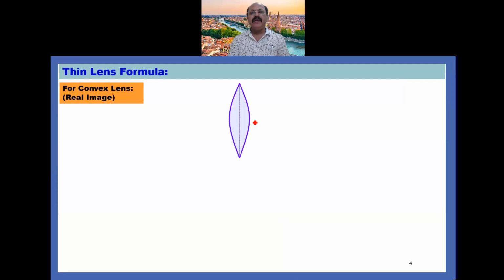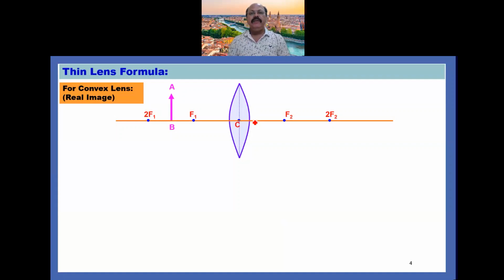So it is a convex lens. C is the optical center. This is the principal axis. F1 and F2 are the first principal focus and second principal focus. Similarly, on both sides, 2F1 and 2F2. Now we place an object AB between F1 and 2F1.